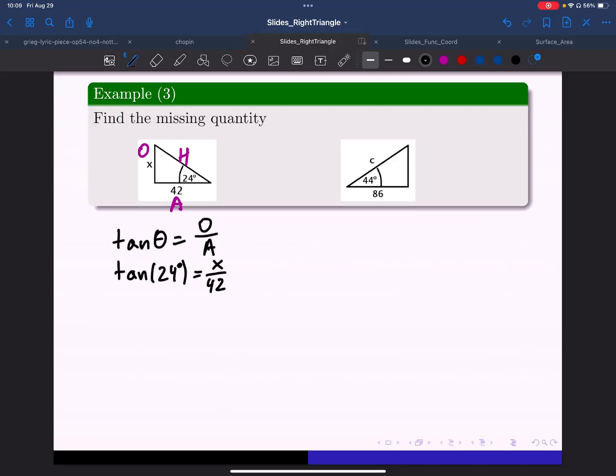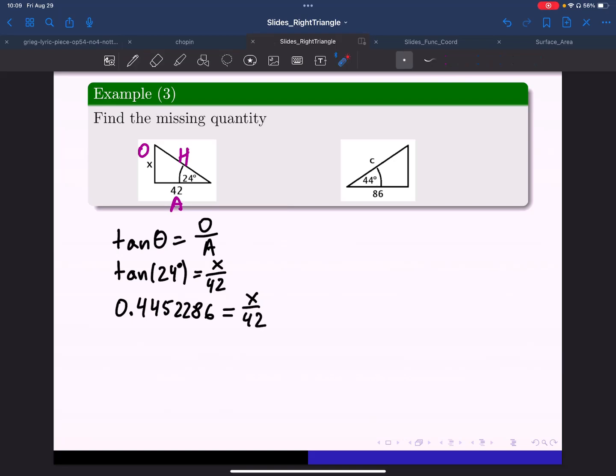So on the calculator, type tangent 24 degrees. We use the tangent button, and be sure you are in degree mode. If you type tangent 24 degrees, we should get 0.44552286, and this is equal to x over 42.